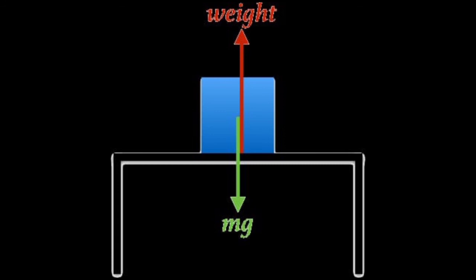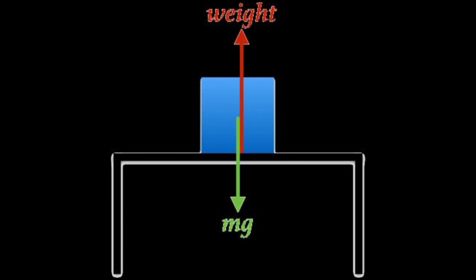Since the weight depends on the acceleration due to gravity, and we know that this acceleration due to gravity changes from place to place, right? Therefore weight of the object also changes. Students, acceleration due to gravity decreases with height and depth. Hence weight of the object also decreases with height and depth.